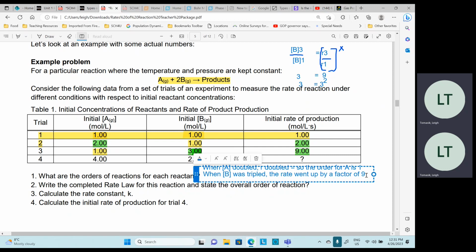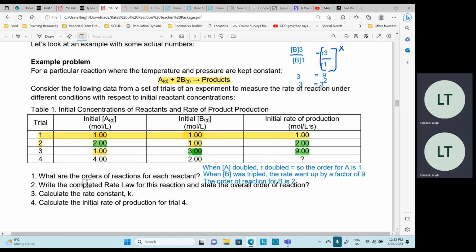So the order of reaction for B is 2. If we had to put an exponent on B to make the concentration difference and the rate difference the same, we would put the exponent 2. That's why we say the order of reaction for B is 2.